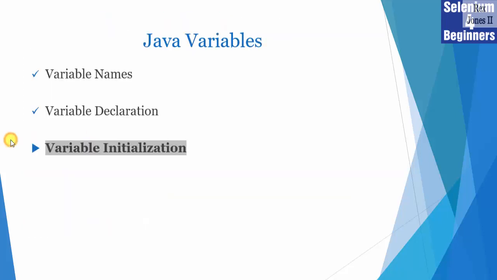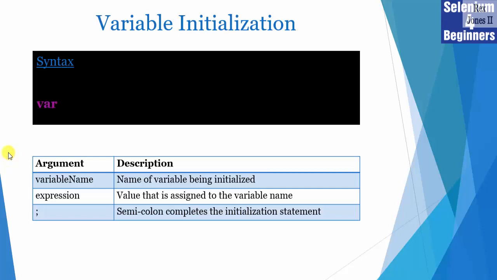The last phase for variables is variable initialization. Variable initialization is when we give an initial value to a variable before the value is used in our program. There is a left side and right side of every variable initialization statement.